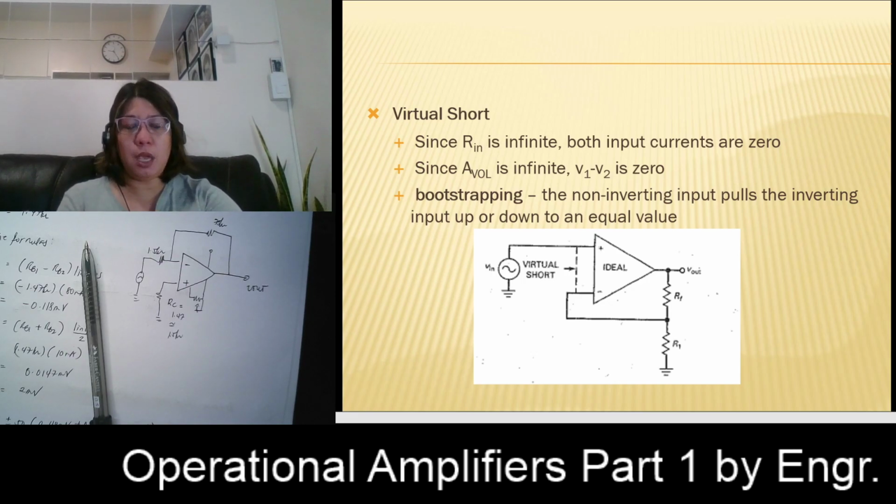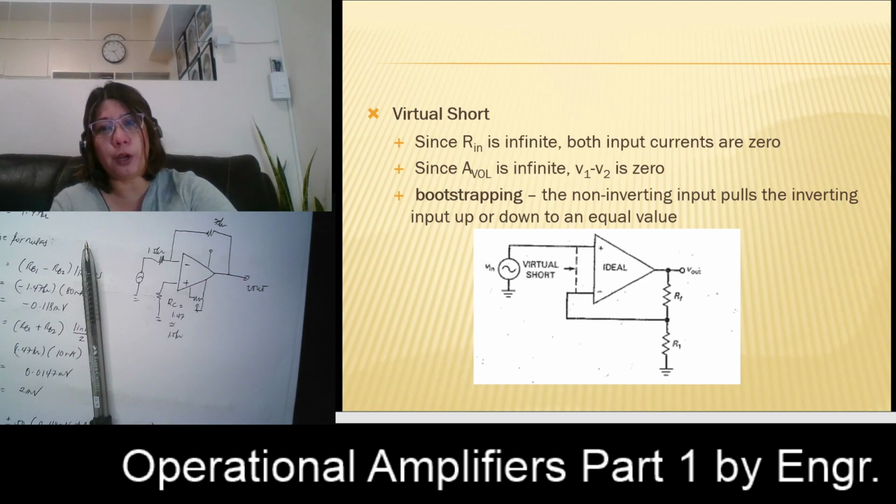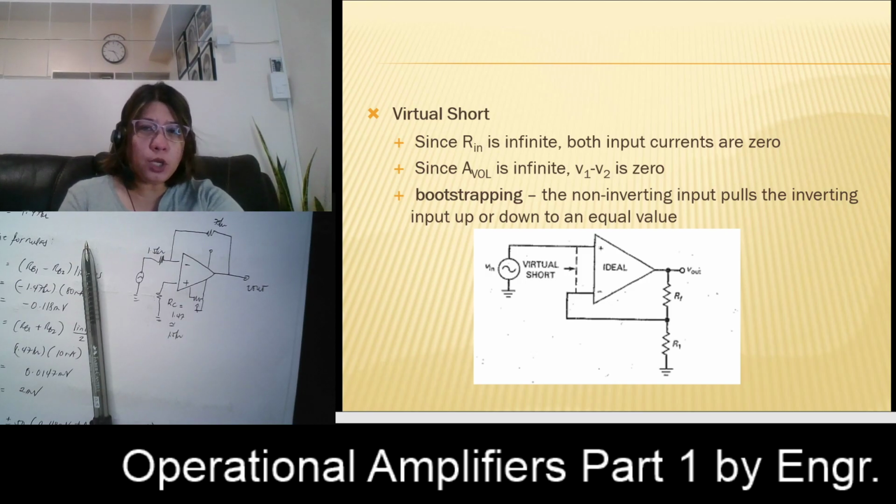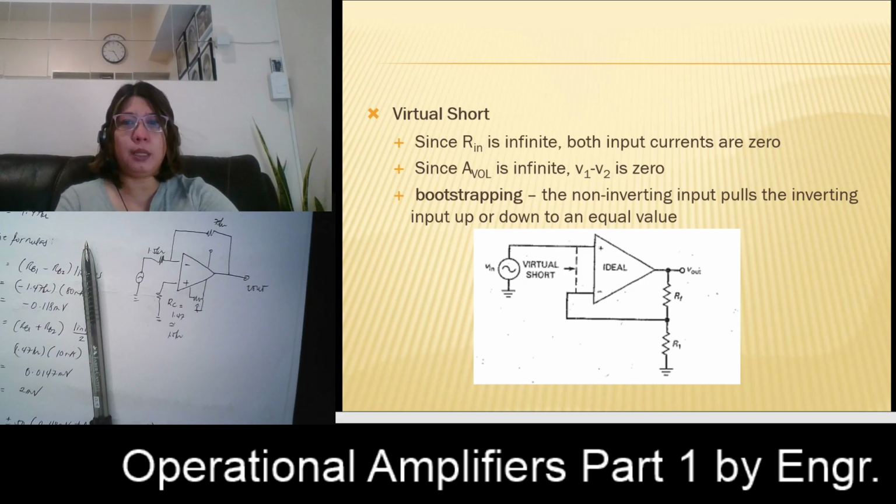So the voltage being brought back against V2 here will be equivalent to our Vin. If Vin is increasing, we have a feedback which is equivalent to your Vin but in opposite polarity. Therefore, if we subtract them, the answer is always equal to 0.